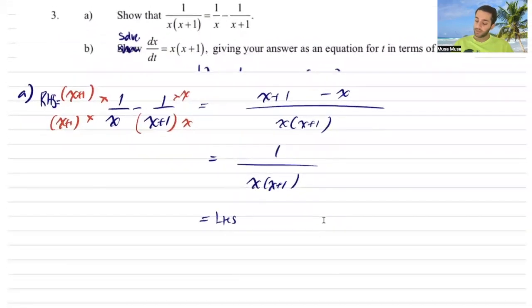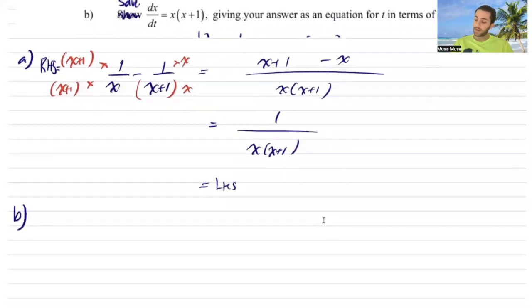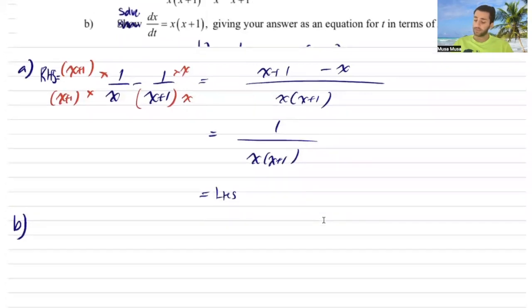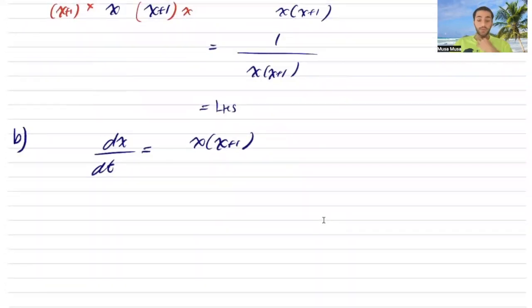And then part B. Solve this, giving your answer as an equation for t in terms of x. Nice. So we have to integrate it. But I can't just integrate it with respect to time because I have x's on this side.